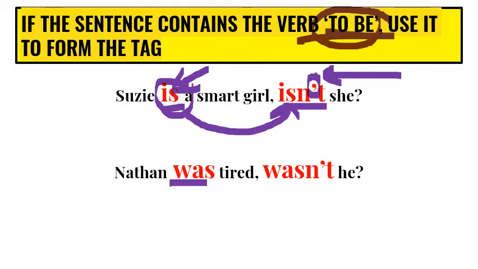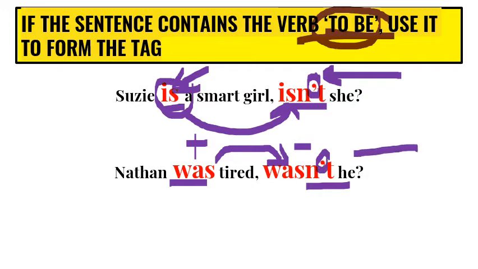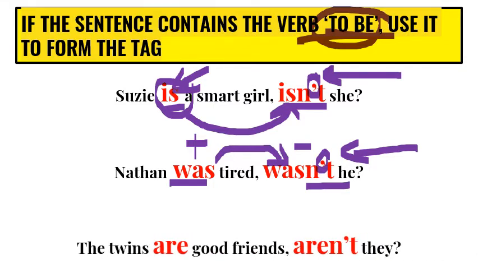Another example of a sentence that contains a form of my verb to be. Nathan was tired. So, easy enough. This was positive, so this one has to be negative. Nathan was tired, wasn't he? And again, look at your apostrophe. We've done this in term 1, so you should know this. And lastly, the twins are good friends. Positive statement.